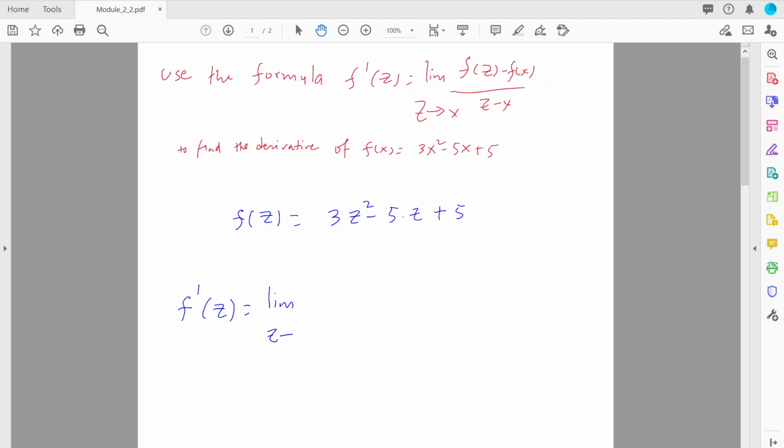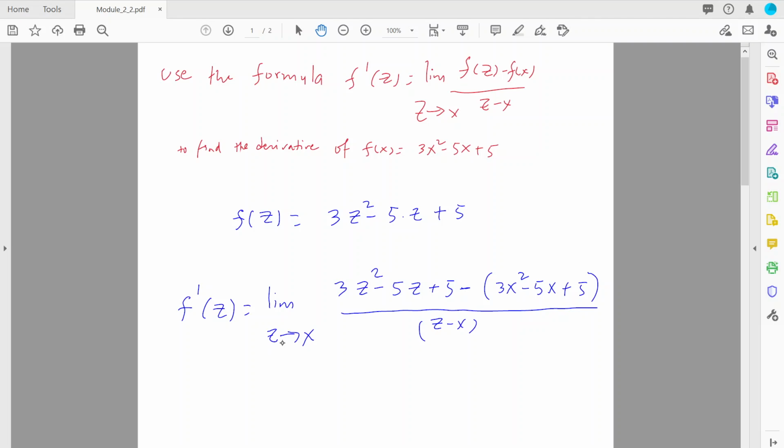Limit when z approaches x, plug in the value of f of z, which is 3z squared minus 5 times z plus 5, minus, because there is a minus sign, you always use parentheses, the value of f of x, which is 3x squared minus 5x plus 5, and on the bottom there is z minus x.